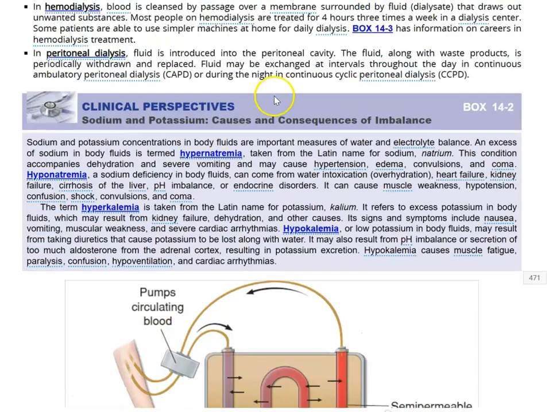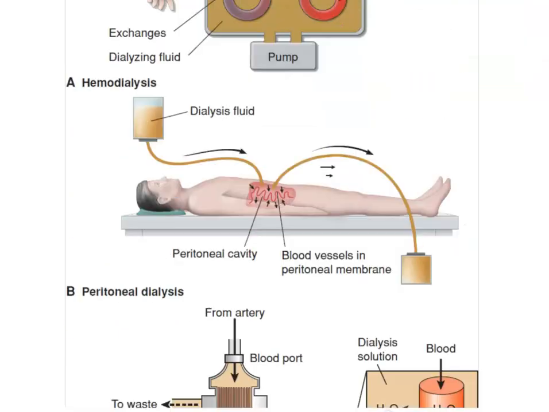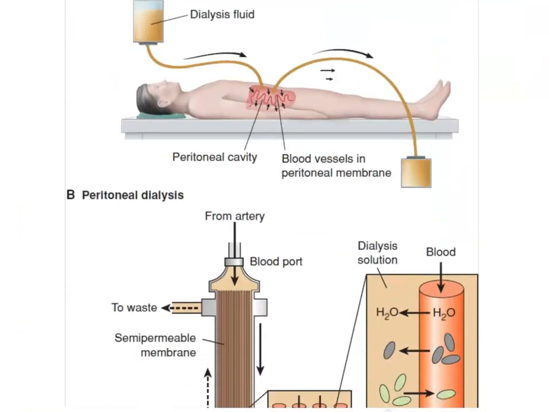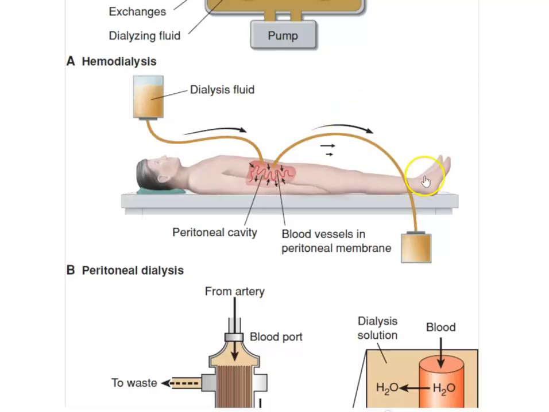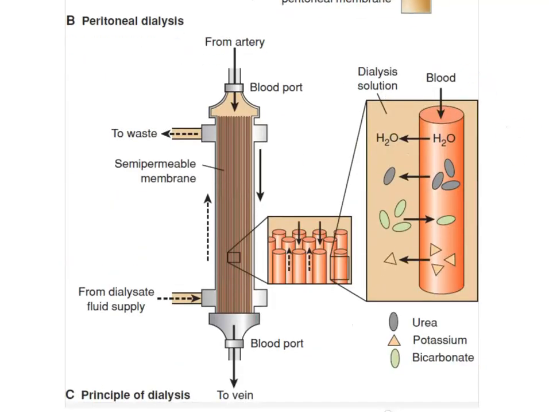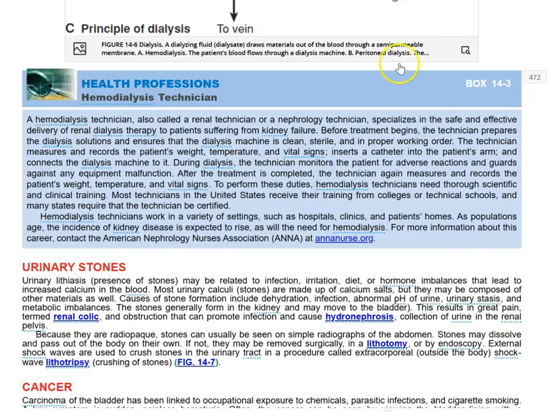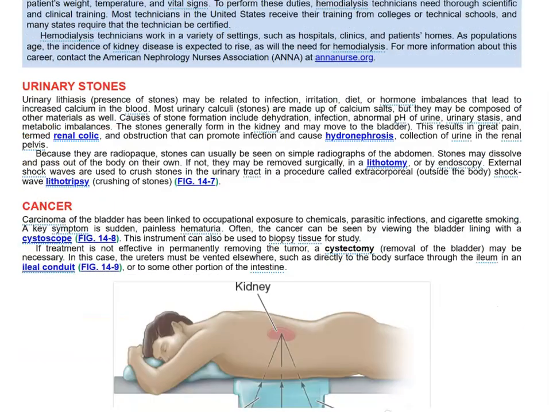Here's what I mentioned earlier: sodium and potassium, causes and consequences of the imbalance. Read all about that. This is a great dialysis visual here. You do not have to know about peritoneal dialysis for my class. That's very specific. If you were going to become a hemodialysis technician, you would learn that there.